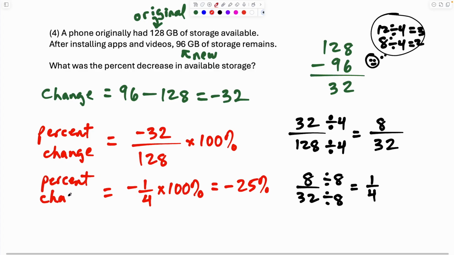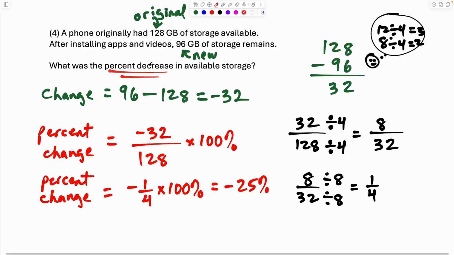But we have to think about what the question is actually asking. They're saying, what was the percent decrease in available storage? Okay, so in this question, we're looking for the percent decrease. So pay very close attention to this. The percent change is negative 25% because the amount of storage went down.